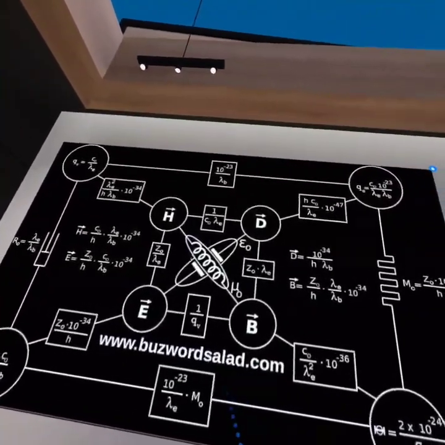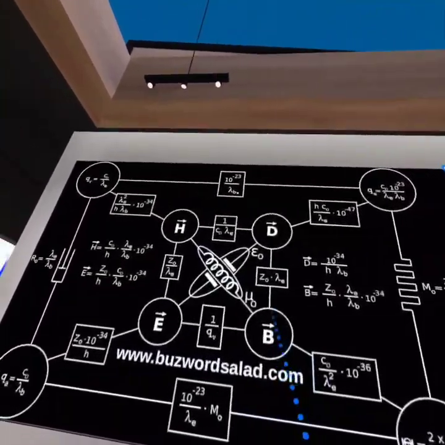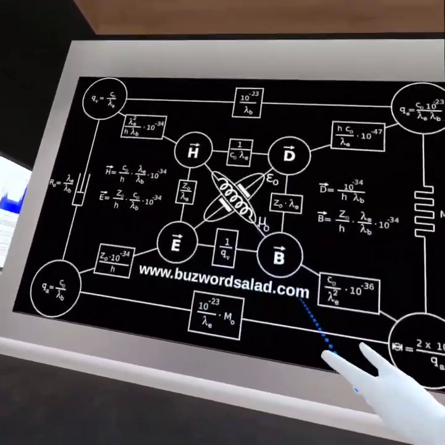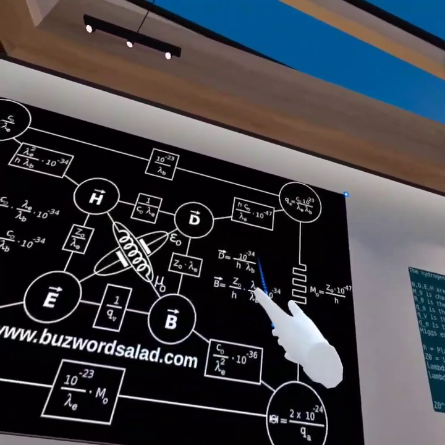In here, this is all about empty free space. Outside is to do with matter waves as well, but inside is to do with empty free space. Here's hc.